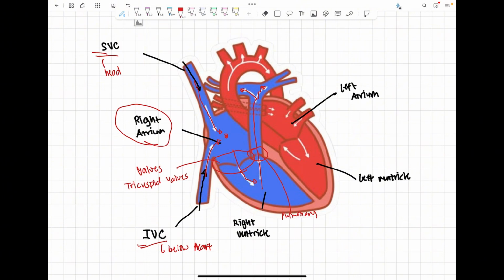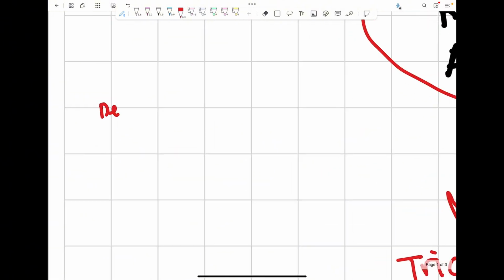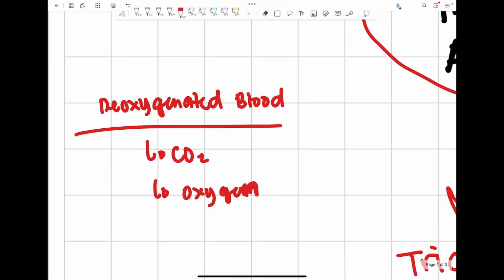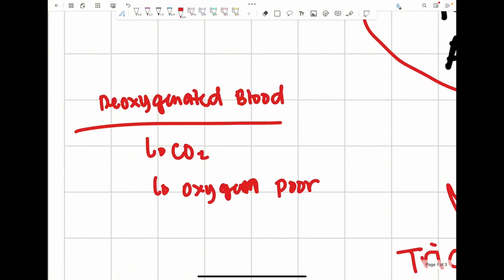So have you seen the heart that I showed, that blue side and the red side? The blue side is where deoxygenated blood passes through. So when we say deoxygenated blood, these are your CO2, also known as oxygen poor blood.